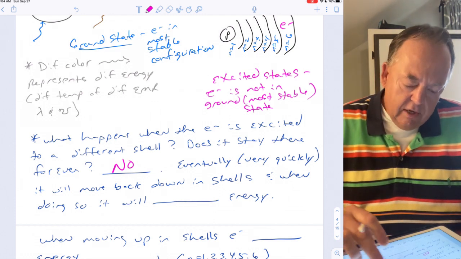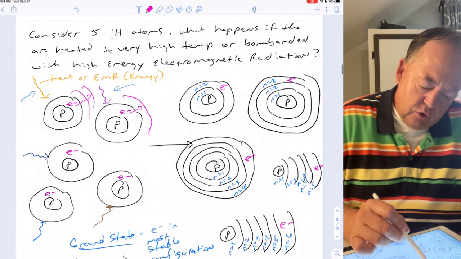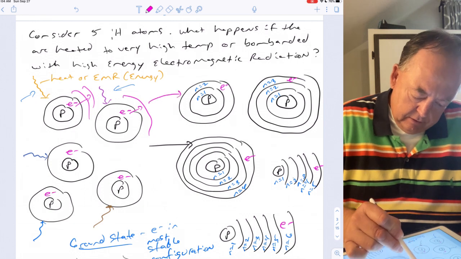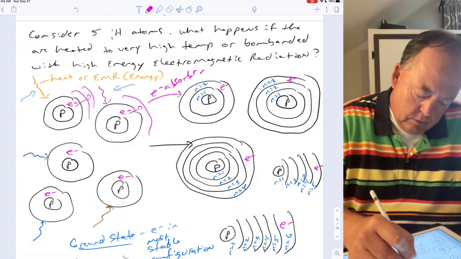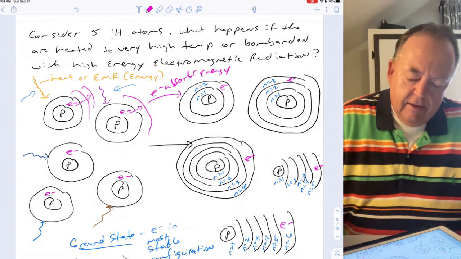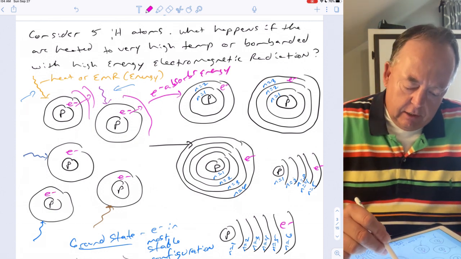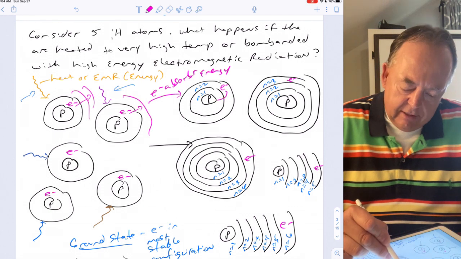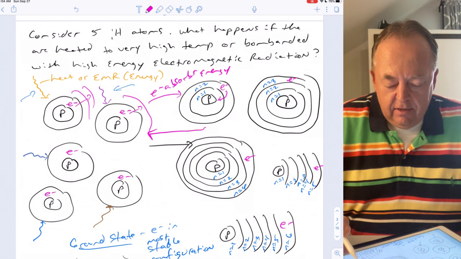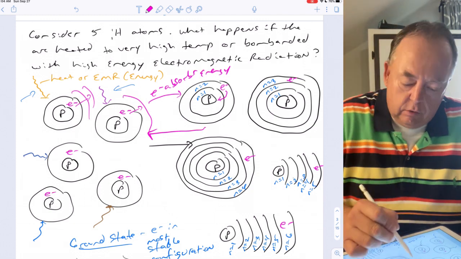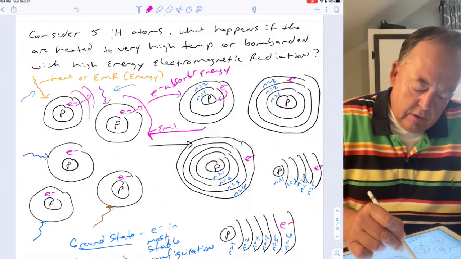And so to go up in shell, it has to absorb energy. And then once it's excited, it could move back down. If it moves back down in energy and goes back to any lower shell, then it has to emit energy.